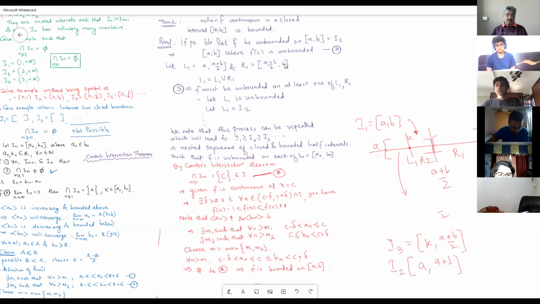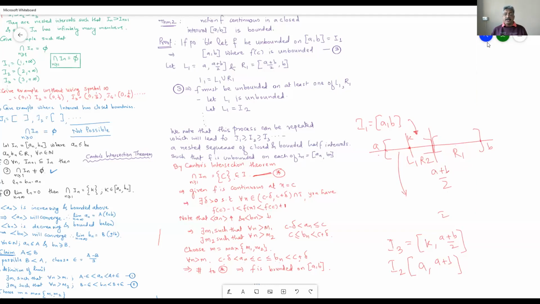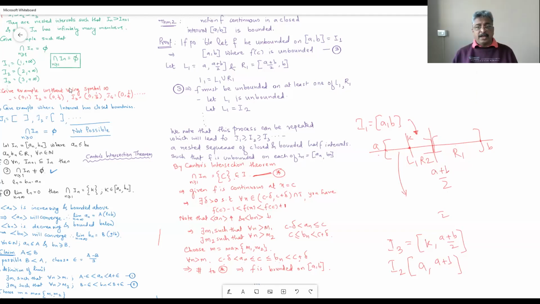Okay, in this proof, we created I1, I2, I3, which are nested intervals, and In plus 1 is a subset of In. That means we are carrying out this process for a long time, and eventually we could catch element c by Cantor intersection theorem. That is where the limit will go and stop.